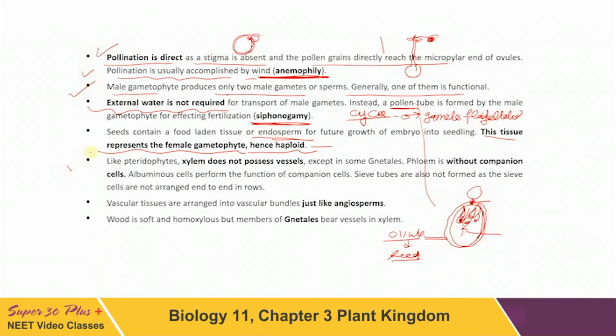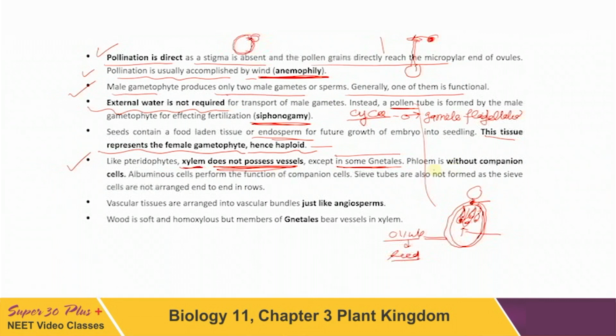You see, in pteridophytes, regarding vascular tissue, I told you that xylem and phloem are present, but the xylem doesn't have vessels. Vessels are absent in gymnosperms too. But in a few members, such as Gnetum, which are close to angiosperms, advanced gymnosperms, primitive types of vessels are present.